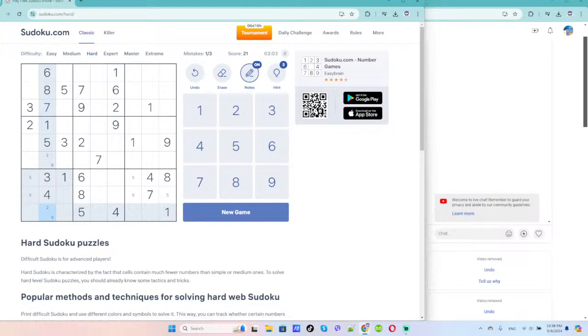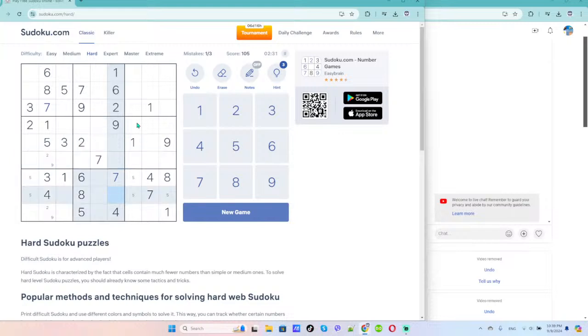Nothing else about these columns, but it's quite interesting here that a 7 appears in this cell because it occupies the layer. Now, I know that here goes a 7 because now I saw this 7 here, which obviously gives me the correct number.